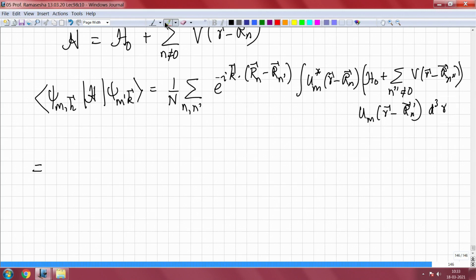This quantity that I have here will give me E m, and this has to be m prime.